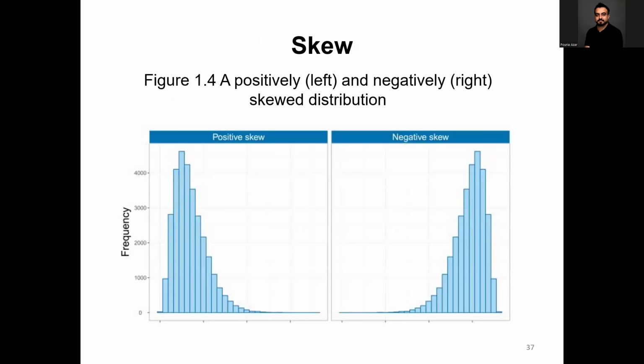So for example, here, on the left side, we have positive skew. On the right side, we have negative skew. In positive skew, the tails are pointing to the right side of the graph or towards the positive values. In negative skew, the tail of the frequency distribution is pointing to negative values.